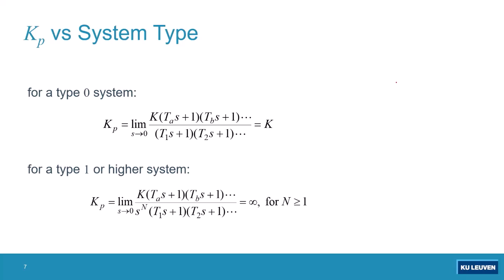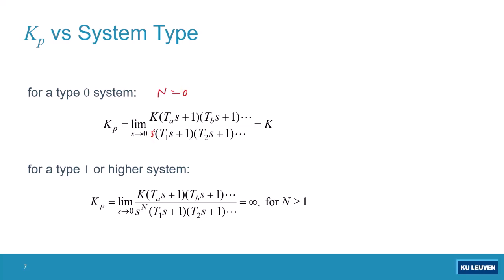Now, what will Kp tell us? Let's say we have a type 0 system. What does it mean? Type 0 system means we have a unity feedback system where the open loop transfer function doesn't have poles that are equal to 0, because the n in our system type is equal to 0 here, right? As you can see here, we have s to the power of 0.